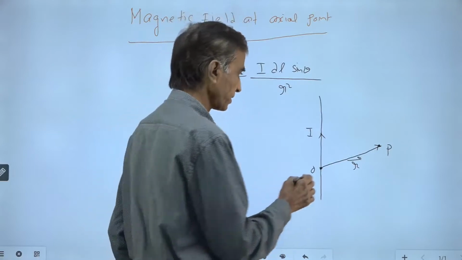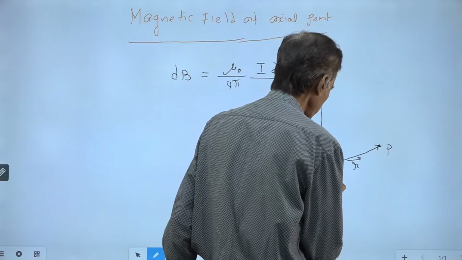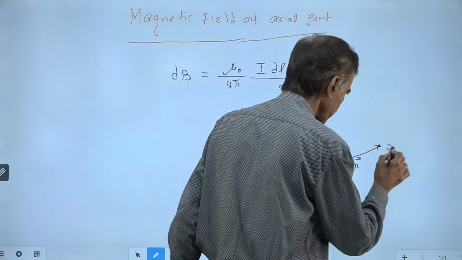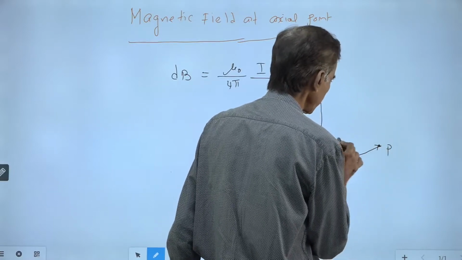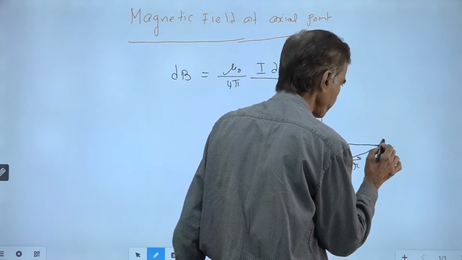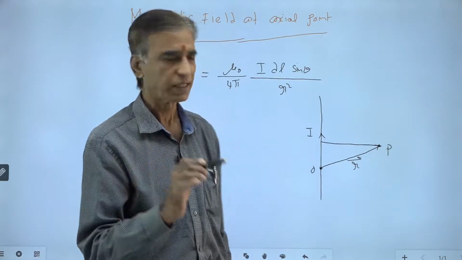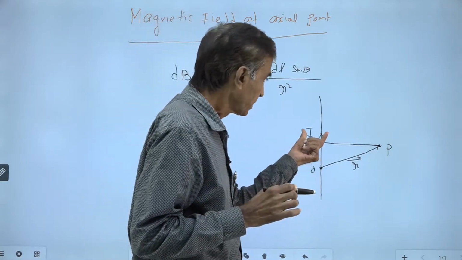So for that, now see what we have done in Biot-Savart law. This is our origin, this is the position vector of the point. Then what we have done is, we have taken the shortest distance from the point where we want to find the magnetic field due to this current carrying conductor.